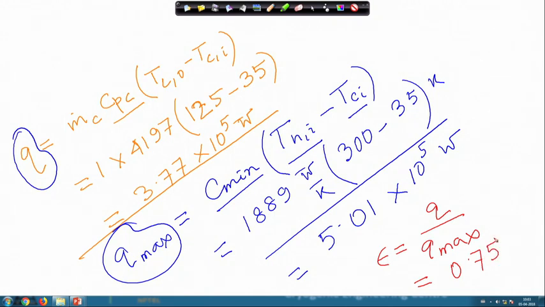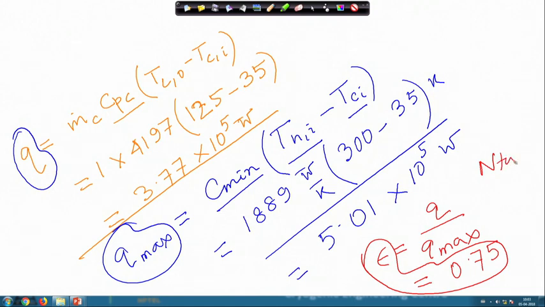So, when we know the effectiveness of the exchanger, now we can use the appropriate correlation from where we can estimate the NTU.